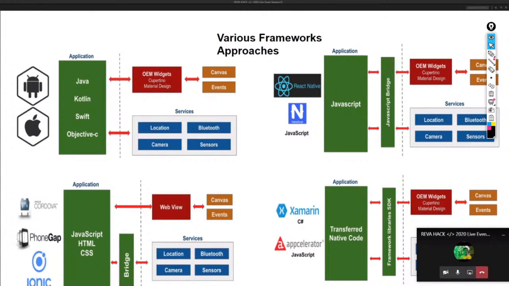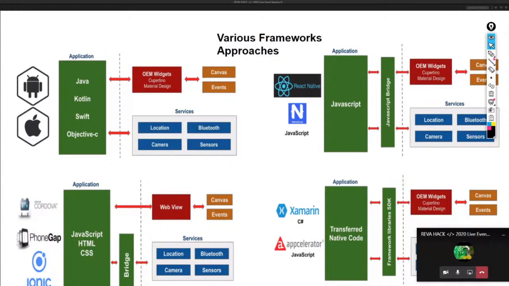You have got Ionic, you have got React Native, you have got App Accelerator. Ionic uses JavaScript to make cross-platform mobile apps, but it is not really popular right now. React Native is one of the most popular frameworks right now, which uses JavaScript. And App Accelerator is also a framework that is used in cross-platform mobile app development. So what is different with Flutter than these frameworks is that all these frameworks use OEM widgets.